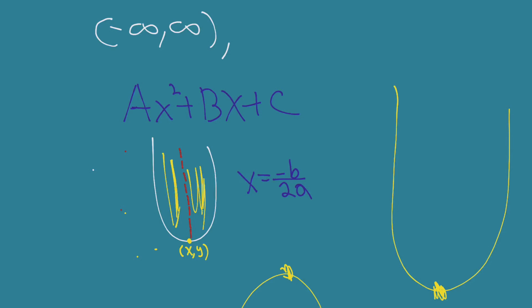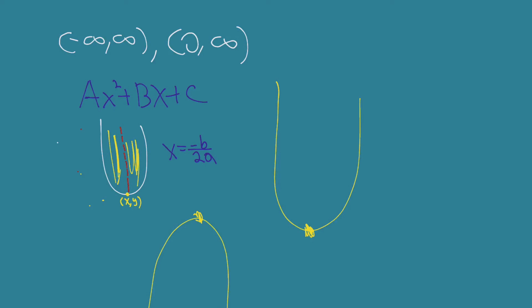The range for the parabola is going to be 0 to infinity. Now, if it's a regular parabola centered at 0, like y equals x squared, that starts at 0. But it could be a parabola that's shifted up or shifted down, and so this 0 can fluctuate.